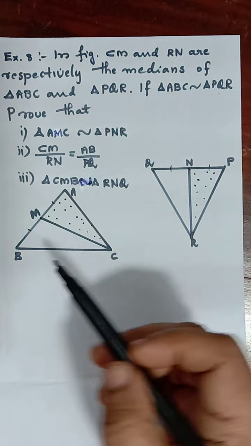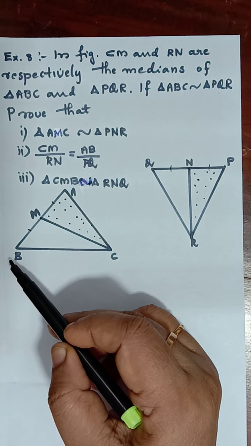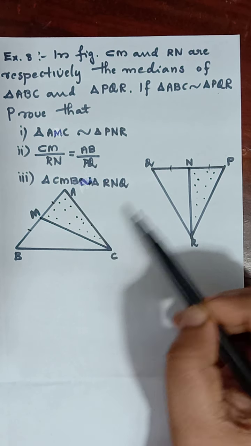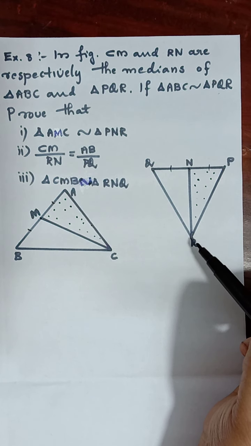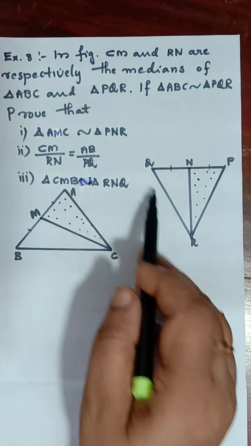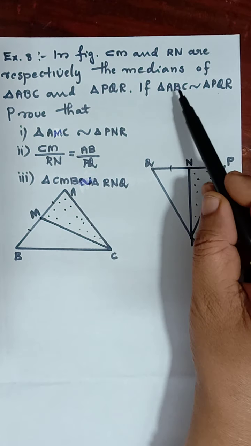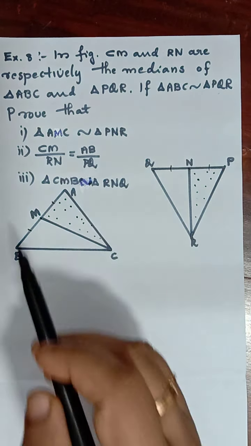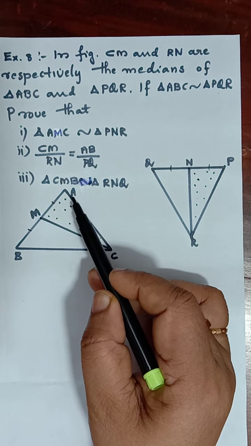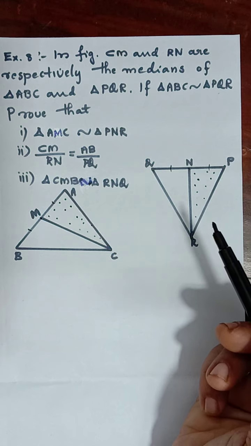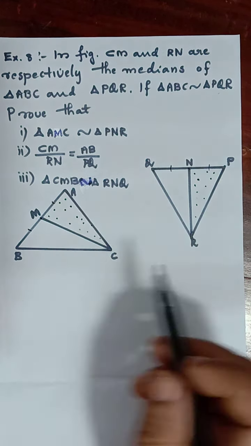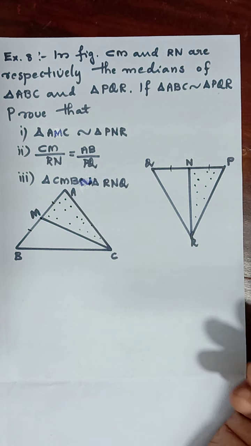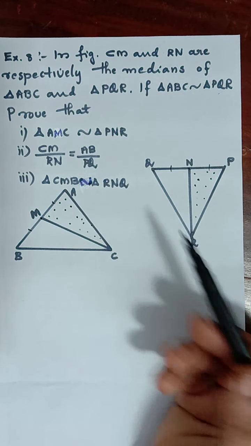We have AB by PQ equal to AC by PR equal to BC by QR, since triangle ABC is similar to triangle PQR. Also, as I told you, angle A is equal to angle P. So there is a chance of getting the SAS similarity criterion. We are considering only these two shaded ones.